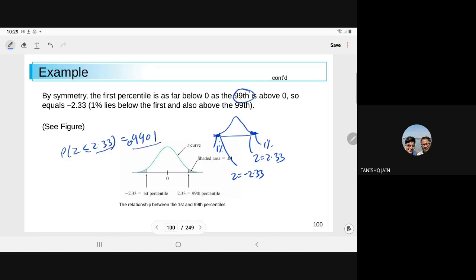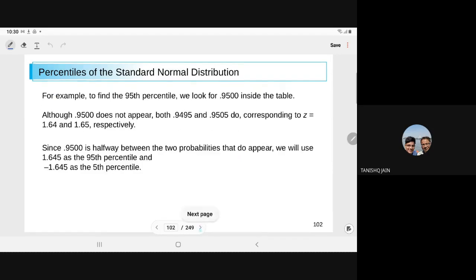So always from the table we take the nearby value. Avoid the interpolation. Only in the case of the 95 percentile do we have to take the middle value, because the value of z at 1.64 is 0.9495, and the value of z at 1.65 is 0.9505.